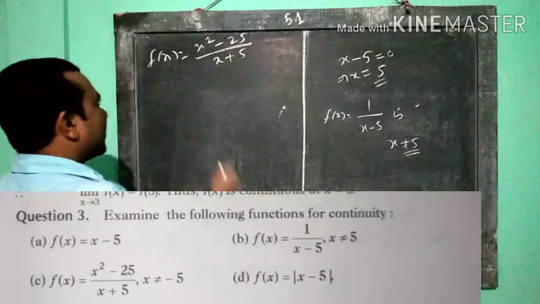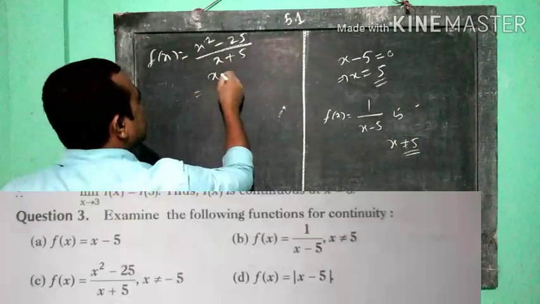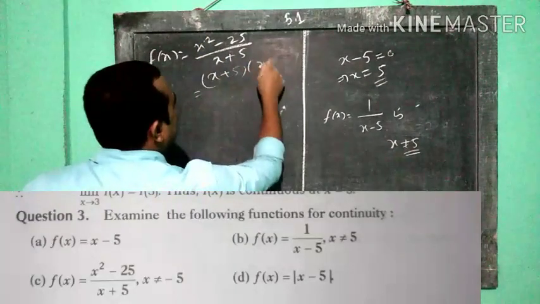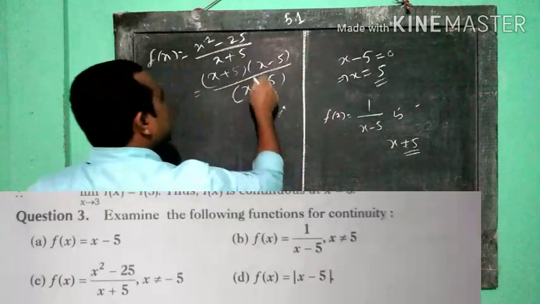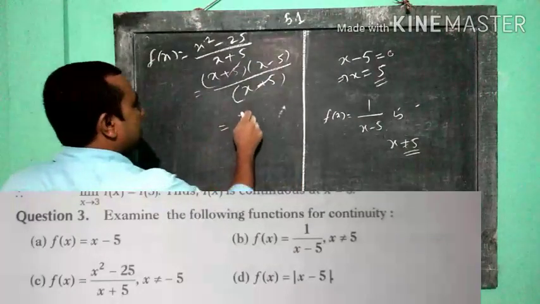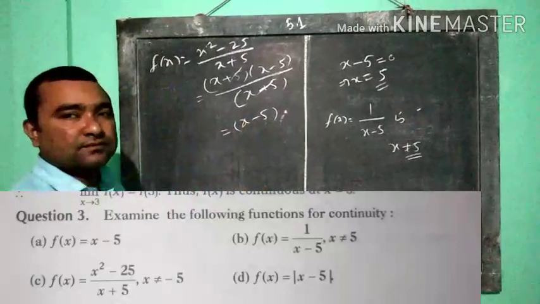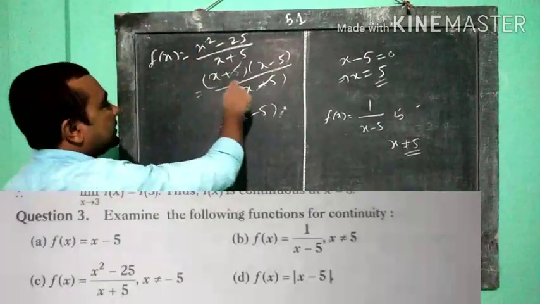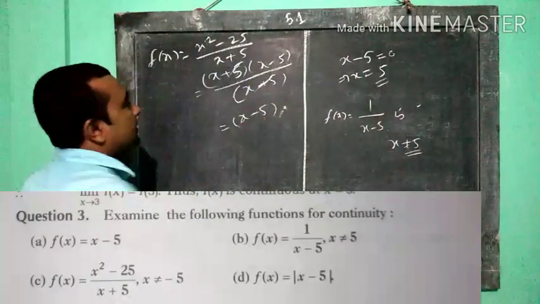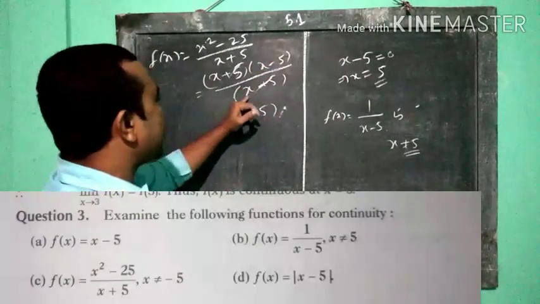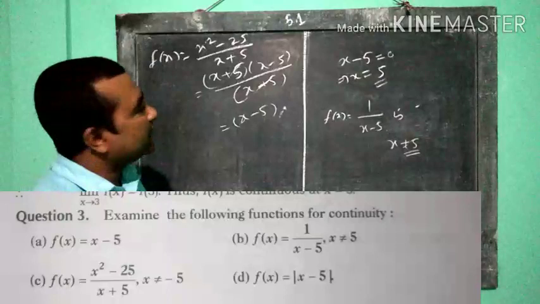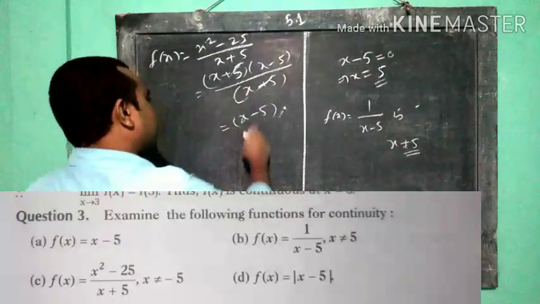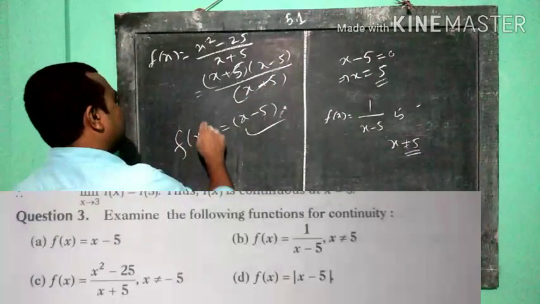If we break the formula, then we get (x + 5) into (x − 5) divided by (x − 5). So if we cancel the common term, then we get x + 5.